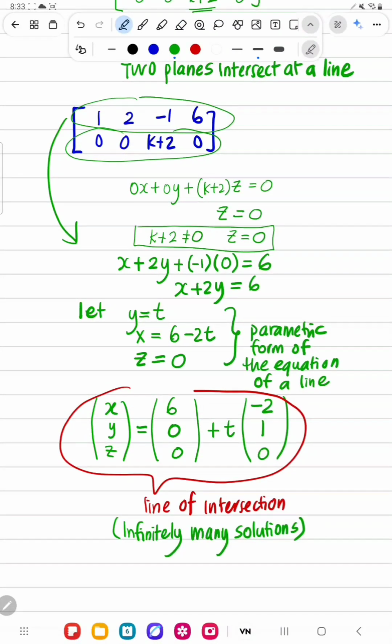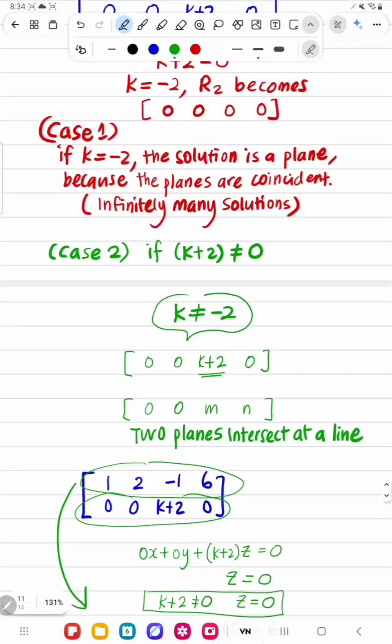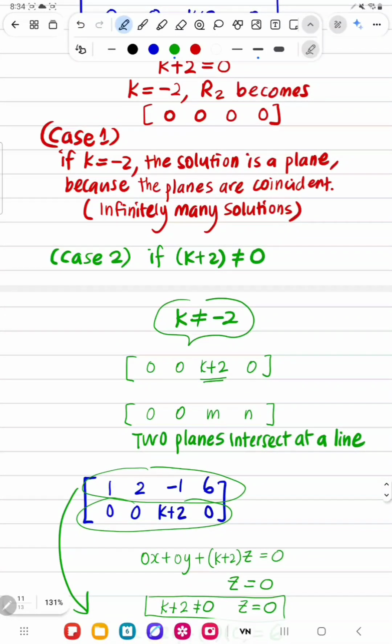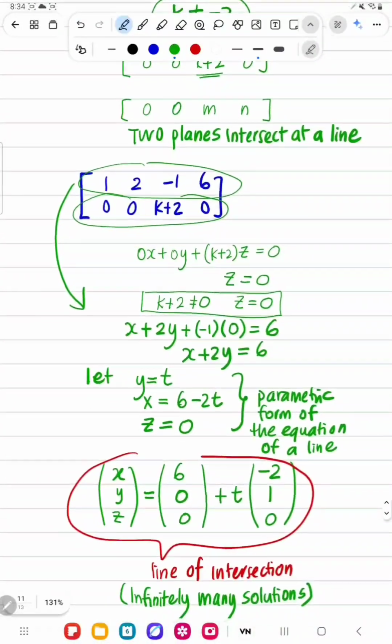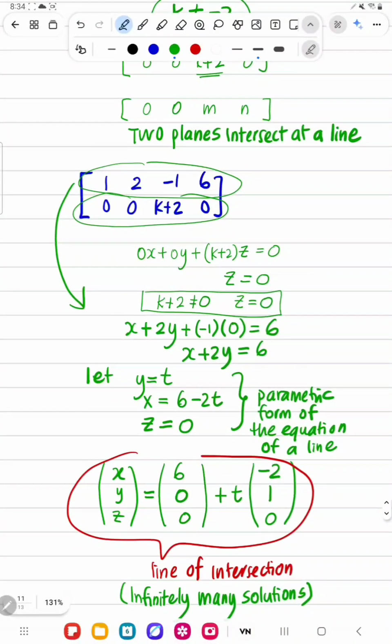So now we have seen that the value of k completely changes the relationship between the two planes. In the first case, the planes are coincident. In another case, they intersect along a line. And we even found the parametric and vector equation of that line of intersection.